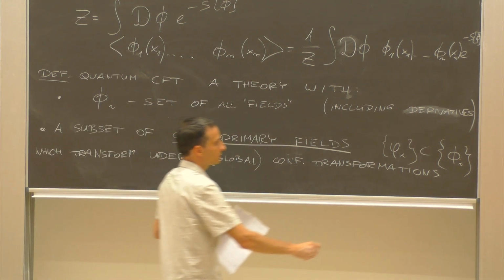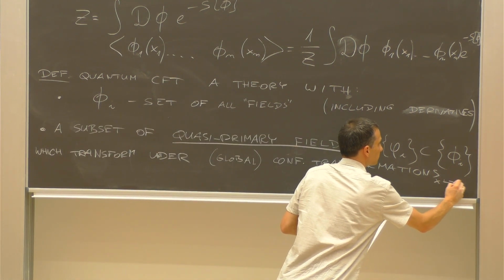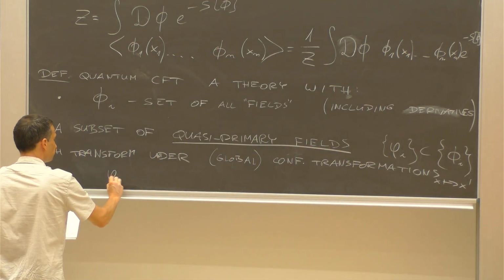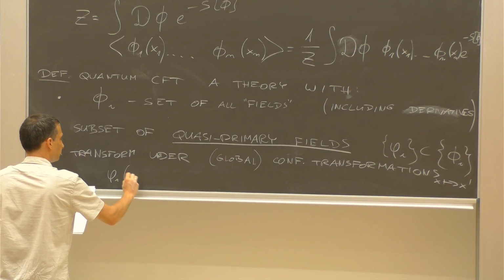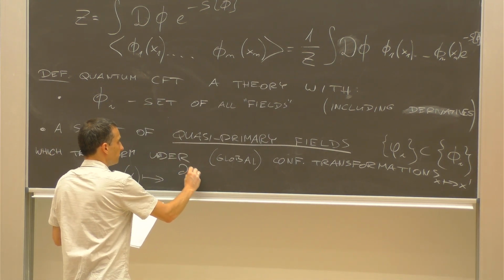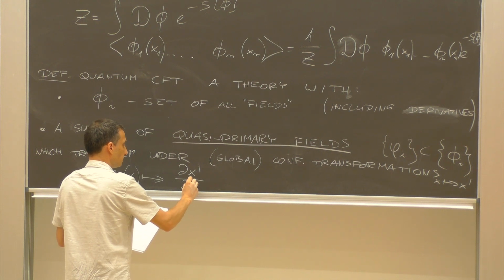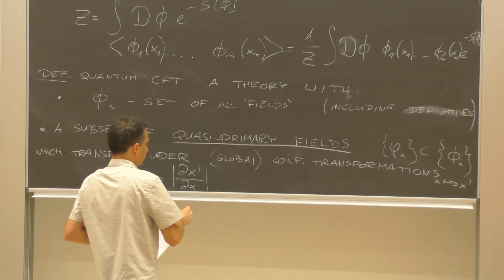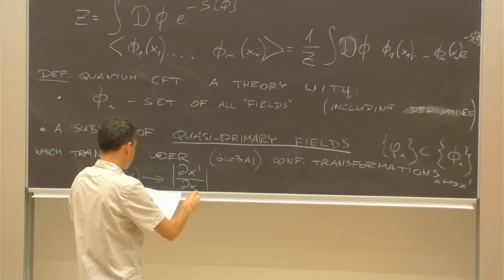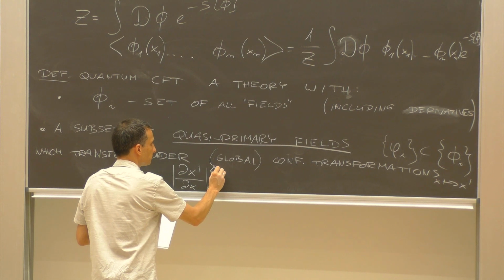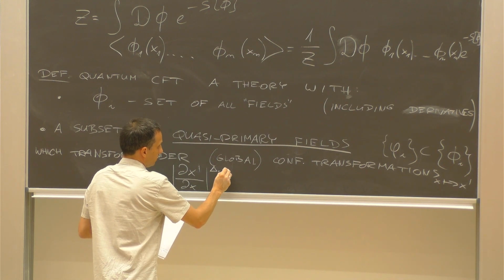So if you have some transformation which takes x to x prime, then I'd like these quasi-primary fields phi I of x to transform simply with a scale prefactor. This is the Jacobian of this change of variables. And here is the exponent, which is an important number.